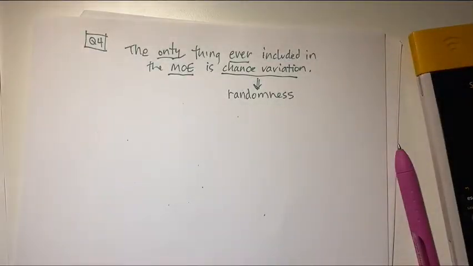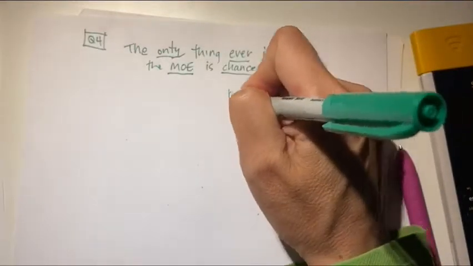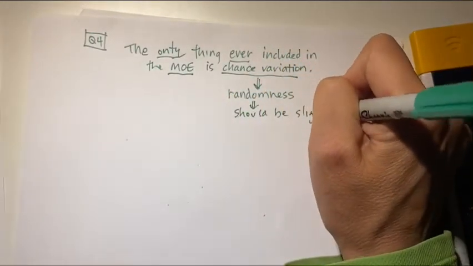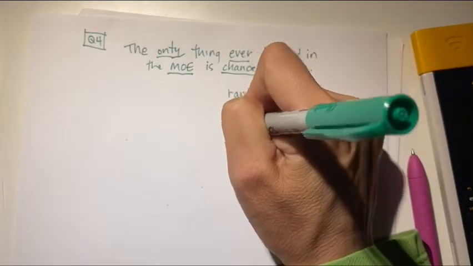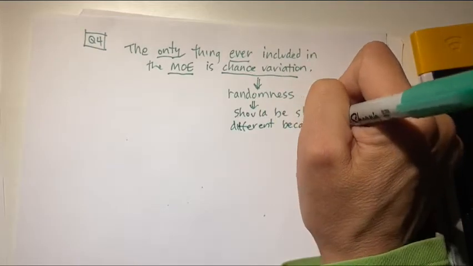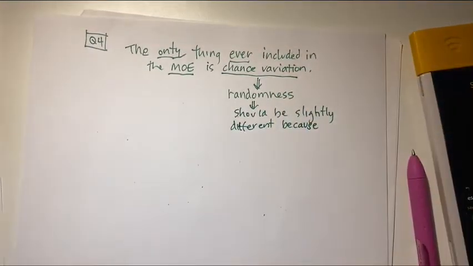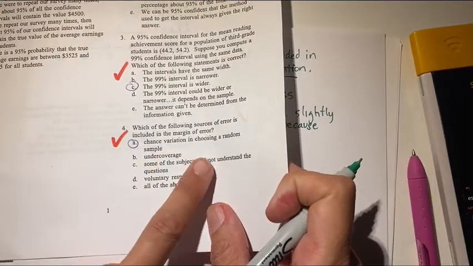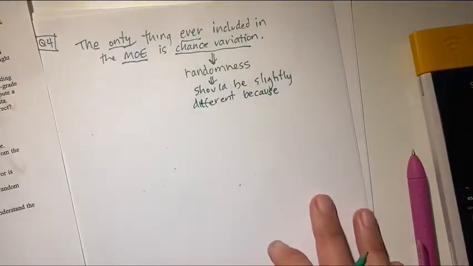And you might be thinking, well, why is it slightly different? Well, it should be slightly different because you're picking different people in the sample itself. That's the variation.